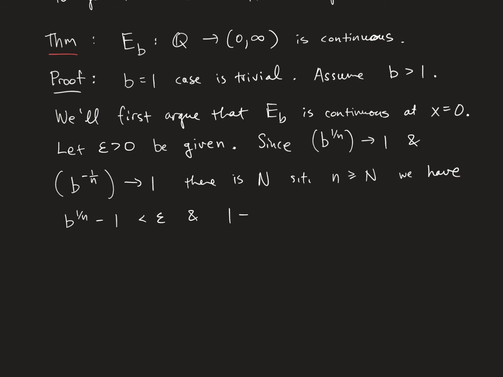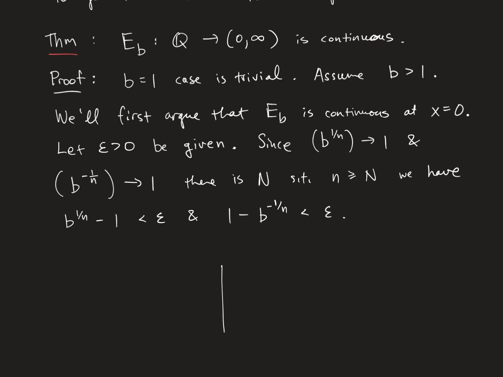So we'll have 1 minus b to the minus 1 over n. That's a positive quantity, and that is small. That's less than epsilon. Okay, so for the given epsilon, this one has an n1, this one has an n2 with this property, and then you take n to be the maximum of them. Okay, so hopefully that's all right.